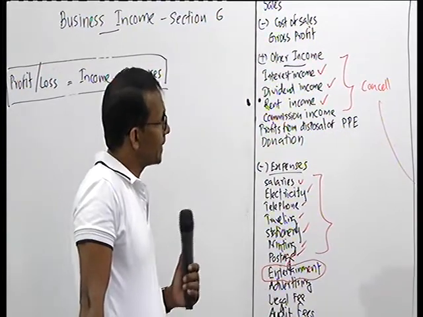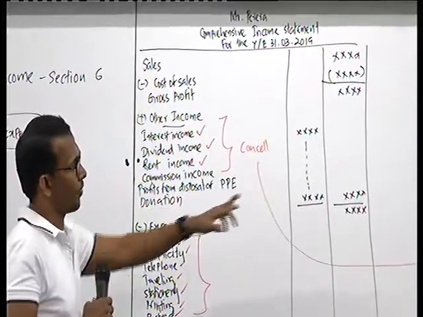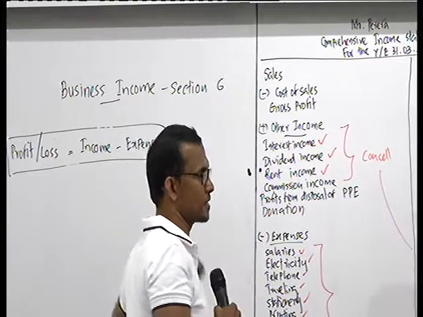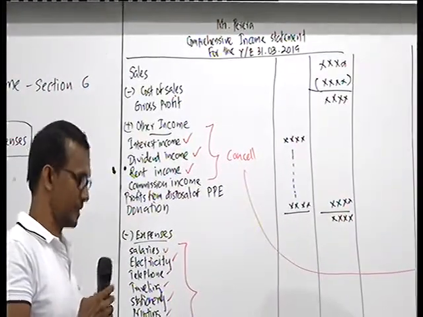Okay, you had better take down this income statement, and then we will see how this profit or loss is later converted into assessable business income or loss. First you take this income statement.